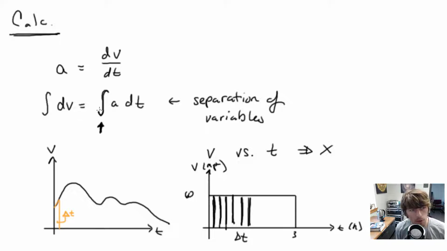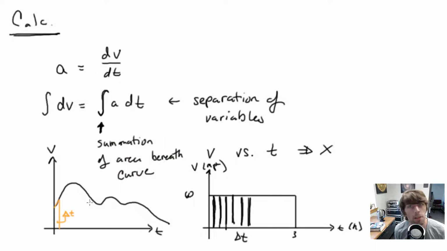So when you see this integration sign, you're really just doing the summation of area beneath the curve. It's mathematicians being lazy again. Conceptually, you hopefully feel comfortable with what's going on there.